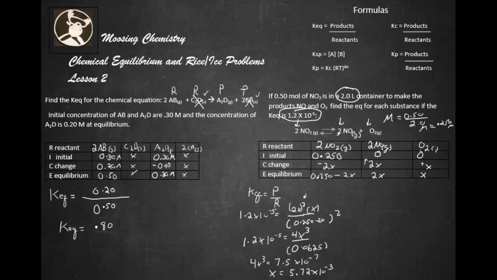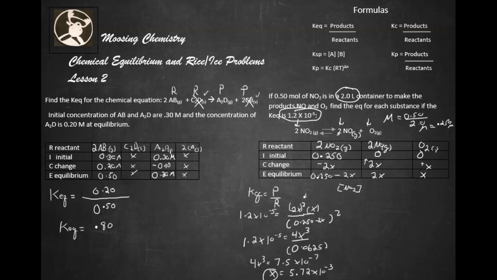So what we're going to do is we have our x value, right? And we're going to take our x value and put it back into our problem above. So watch what we do here. So if we want to find our NO2 to find the change, right?